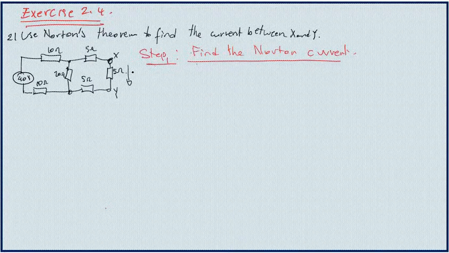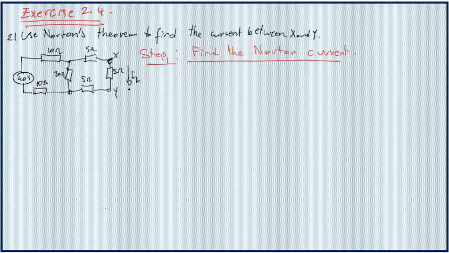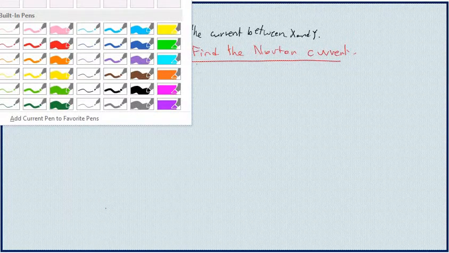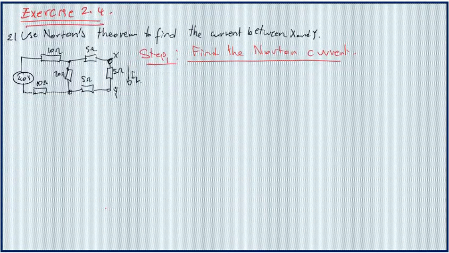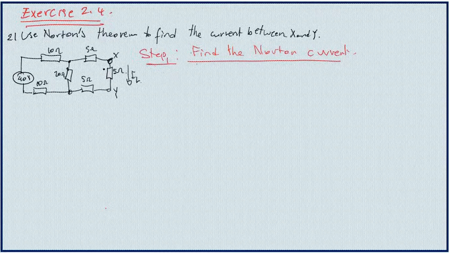So this current is called line current. They want us to proceed using Norton theorem. Norton theorem consists of simplifying a complex circuit into this form here.